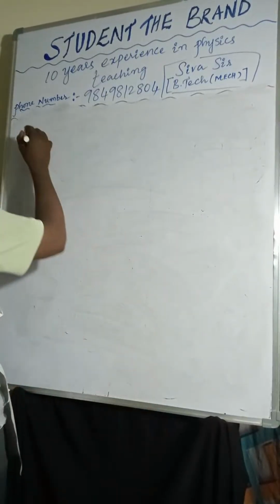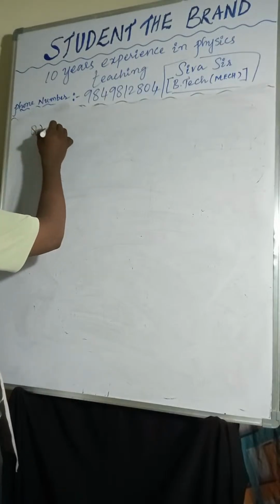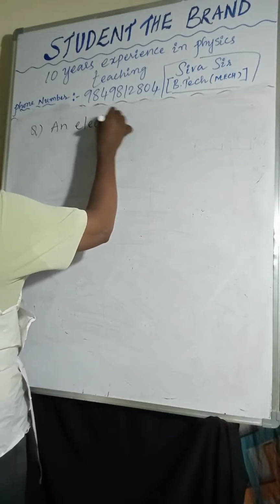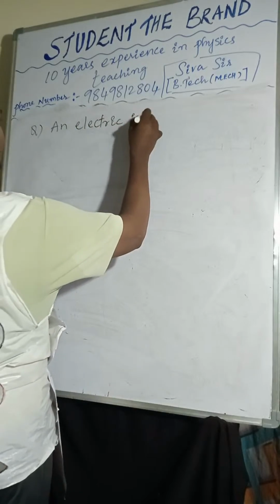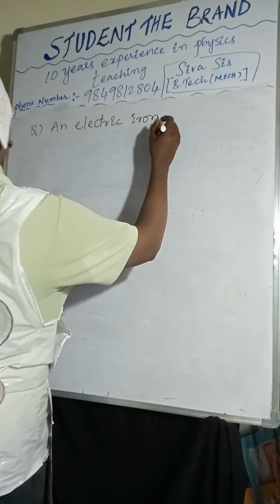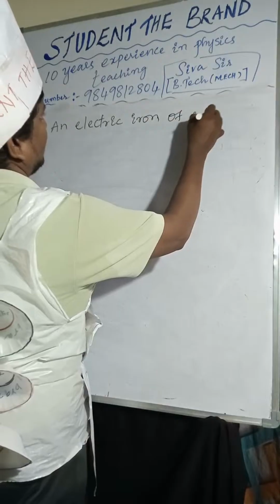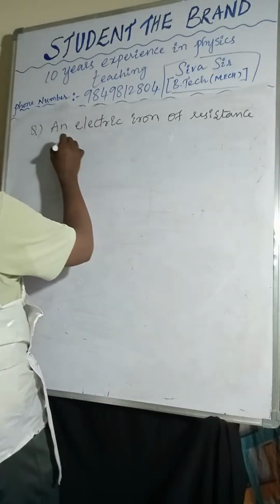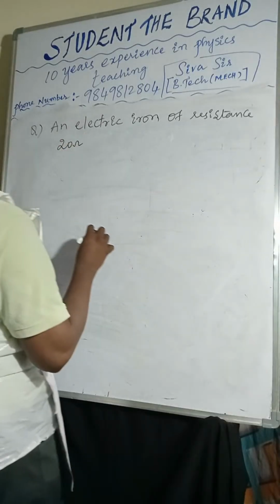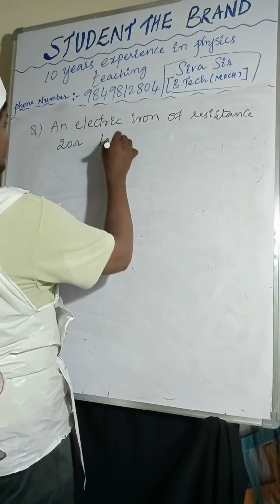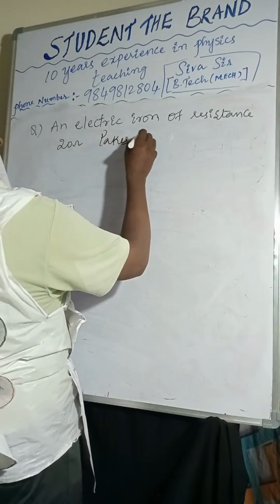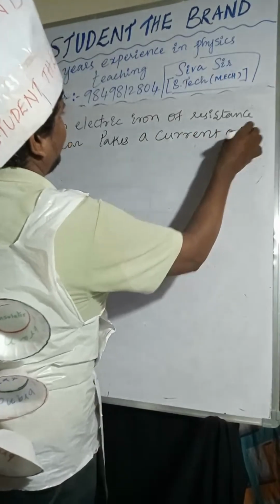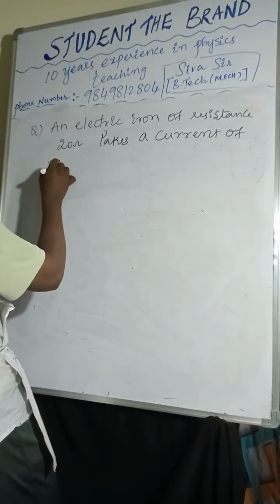We can see the question. An electric iron of resistance 20 ohm takes a current of 5 ampere.